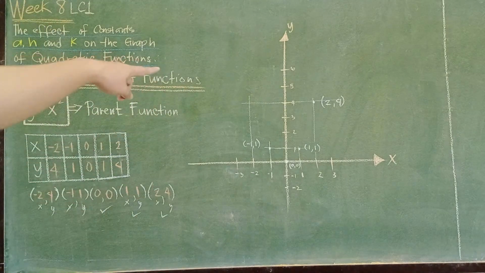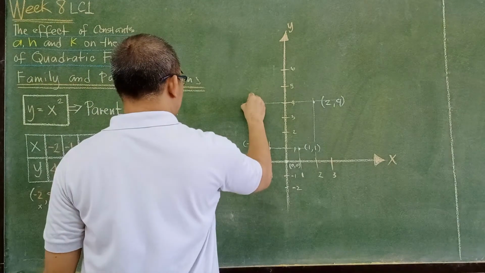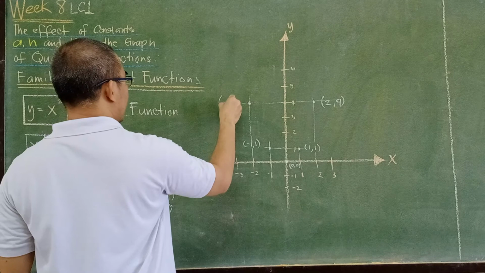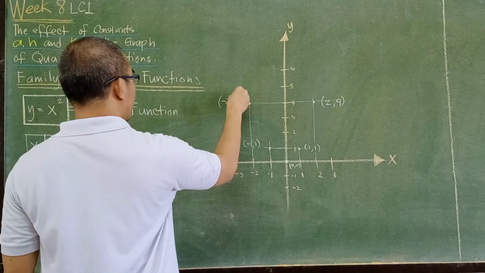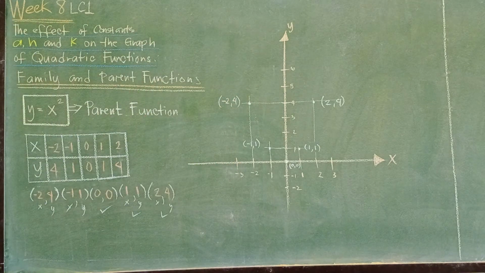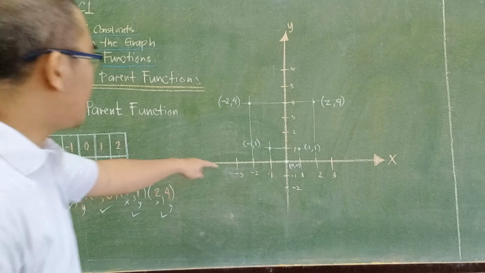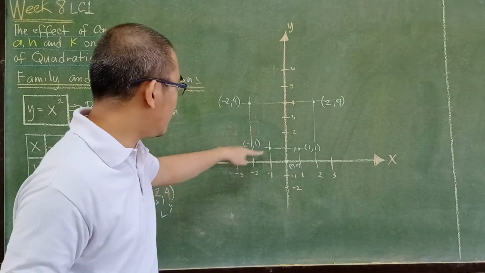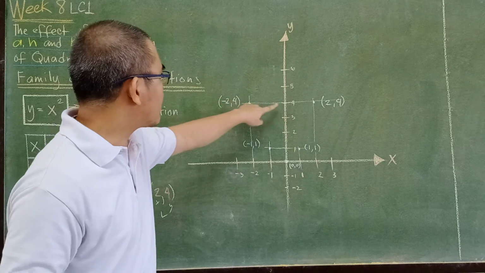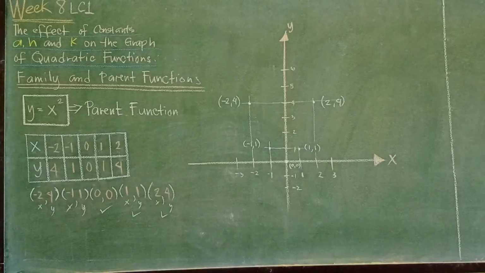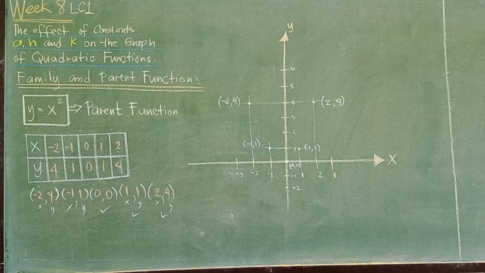So yung intersection ng mga dalawang lines na yan would be negative 2, 4. Now, na-plot na natin sa may Cartesian plane yung 0, 0, 1, 1, 2, 4, negative 1, 1, tapos negative 2, 4. Next na gagawin natin is ipagkoconnect natin yung mga points na yan.